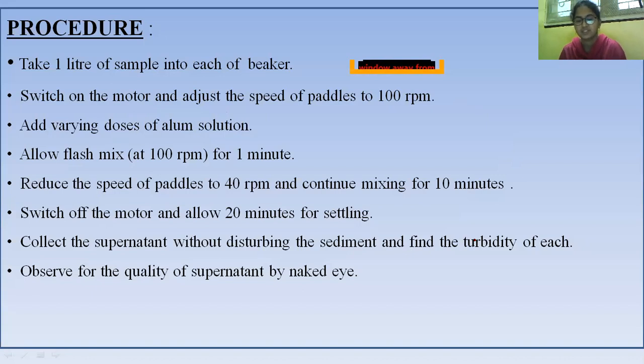and switch on the motor and adjust the speed of the paddles to 100 rpm for 1 minute. We add various doses of alum solution in each beaker, like 5 ml, 10 ml, 20 ml, 25 ml, and allow flash mixing at 100 rpm for 1 minute.